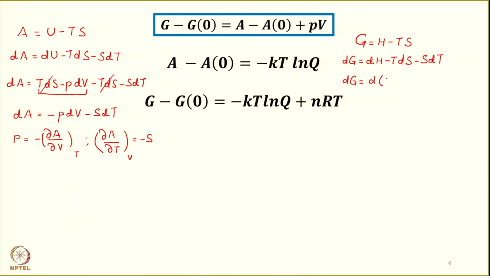H is equal to U plus PV, so dG is equal to dU plus PdV plus VdP plus TdS minus SdT.